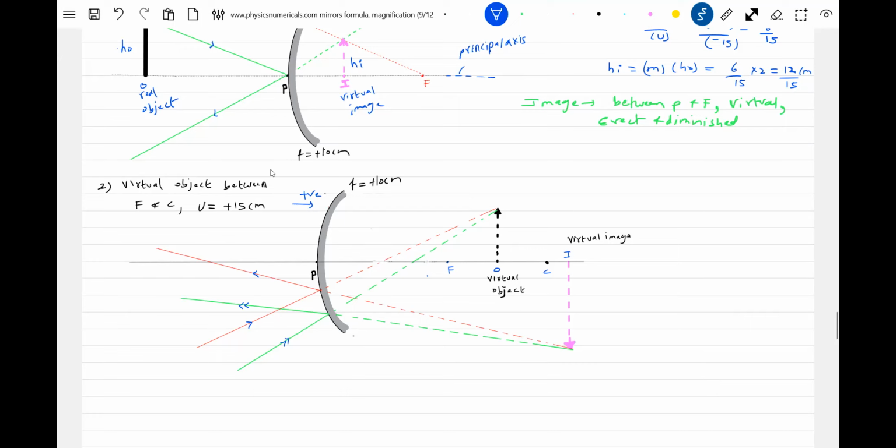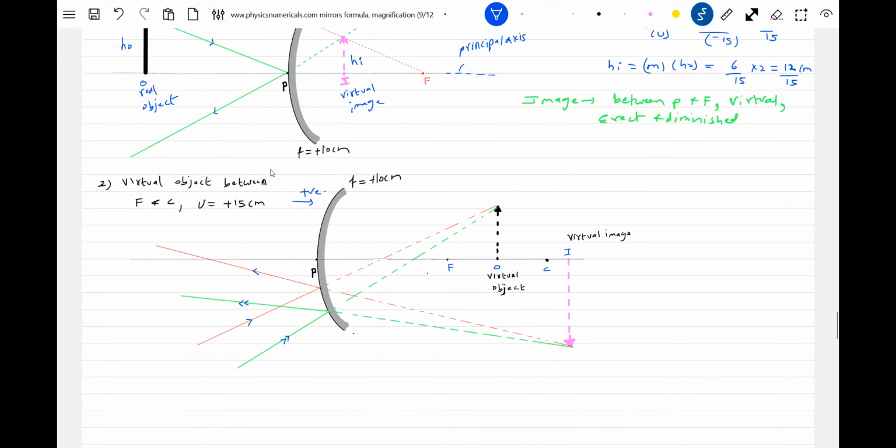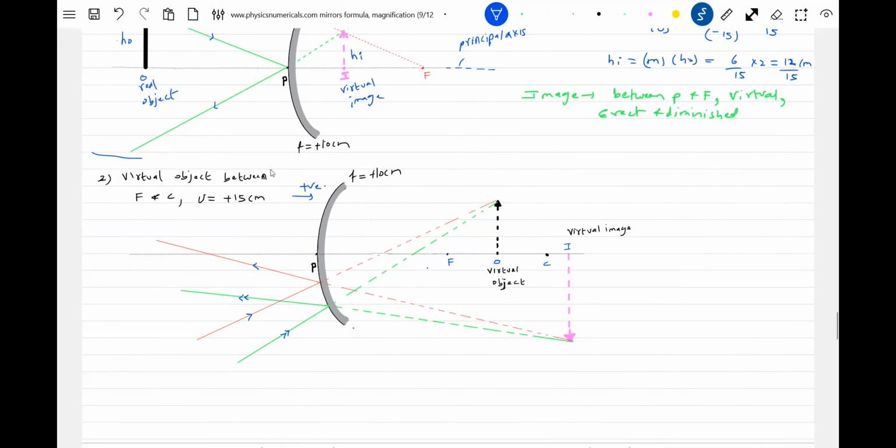It's a virtual object. We have to check whatever the image position is. Let's use the formula. U is equal to plus 15.